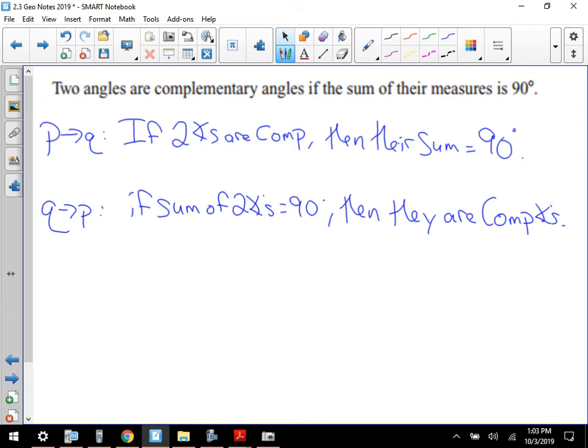Is that true? Oh, I forgot to ask, was the first one true? Since they're both true, that means that this can be rewritten as what we call a biconditional. So we can rewrite that original statement as an if and only if. Okay? So what do you think it would look like?